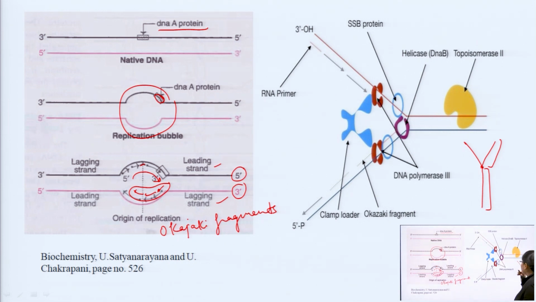So certain enzymes are there which need to open the helical structure and then to stabilize the structure. It is very important to stabilize the structure. So as you have seen, 3' to 5', and the second strand 5' to 3', that means they are complementary to each other, that is why they are like that.